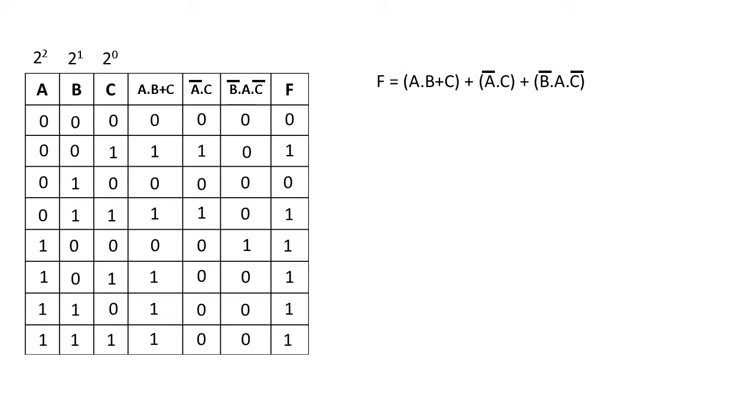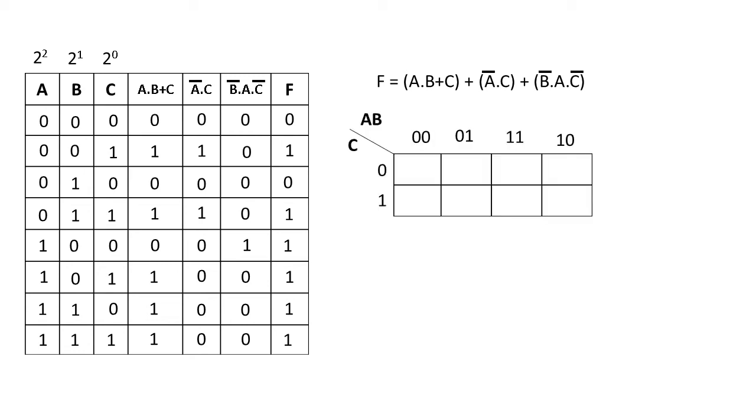Now from this given truth table we are going to draw a K-map. So observe how to draw the K-map. We are going to draw a horizontal looking K-map.